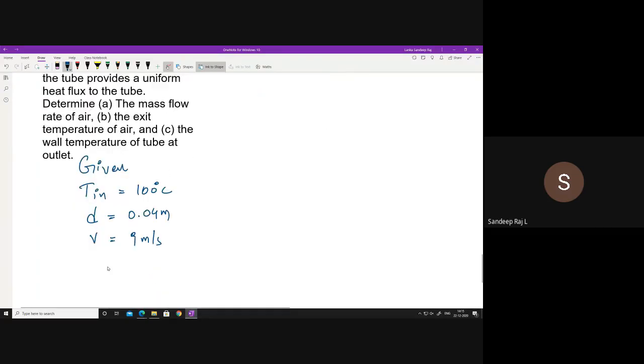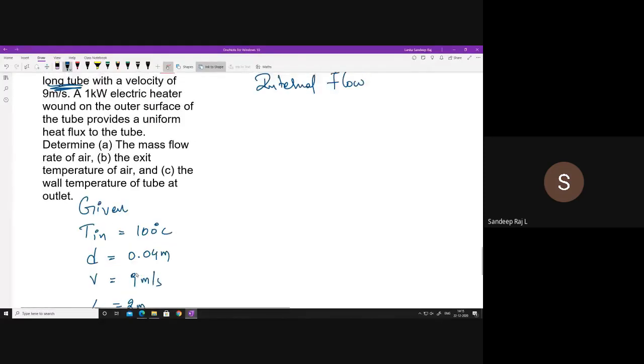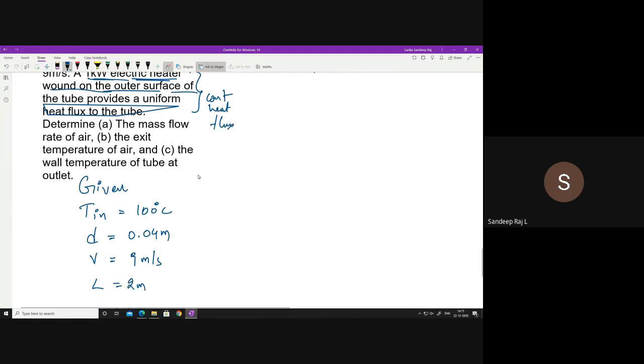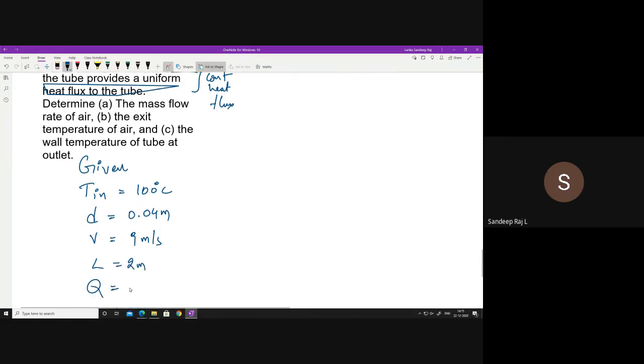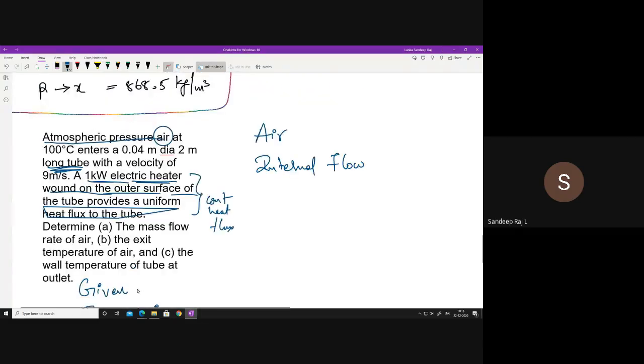It's 2 meter. L is equal to 2 meter. A 1 kilowatt heater wound on the outer surface of the tube provides a uniform heat flux. So from this you can understand that it is a constant heat flux problem. So Q is equal to 1000 watts. 1 kilowatt means 1000 watts is given.